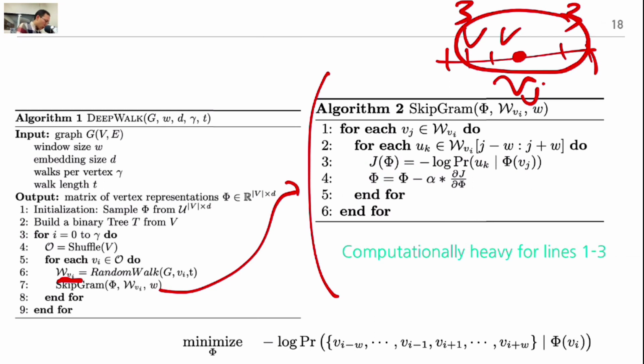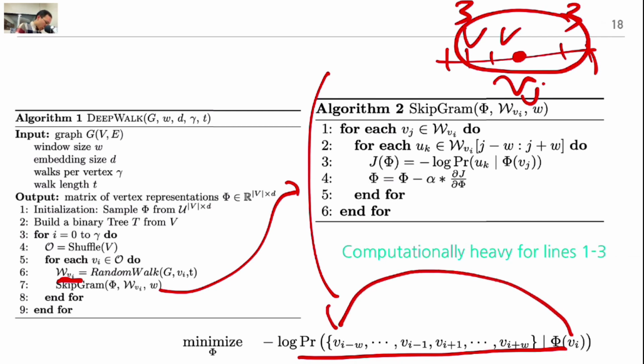In this case, we have another objective function, right? So instead of this, we use I and Vi minus W. So it is sort of pairwise optimization.